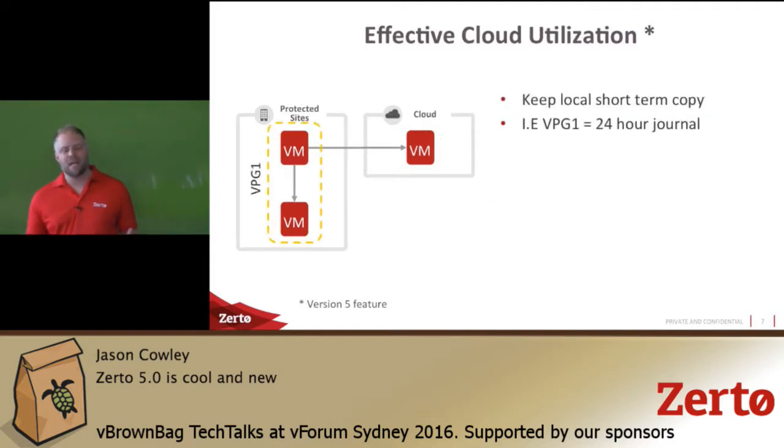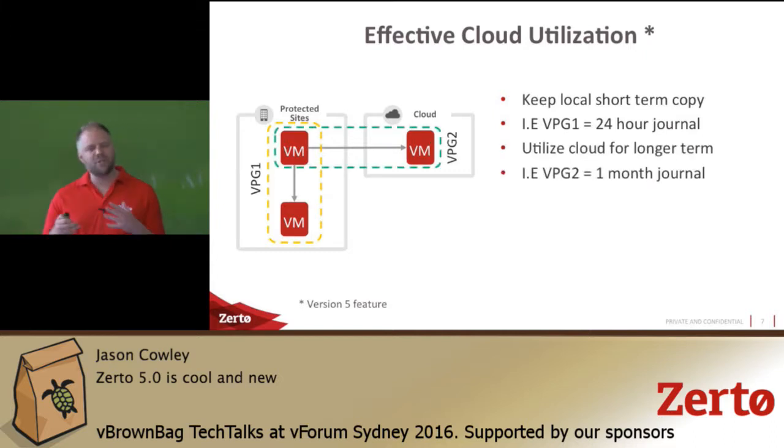The second use case that I want to go through is to be able to effectively utilize your potential cloud resources. So in a lot of environments, you might be constrained by storage on your production environment or your DR site, but you might want to be getting a little bit more longer term protection against certain tiers of your VMs.